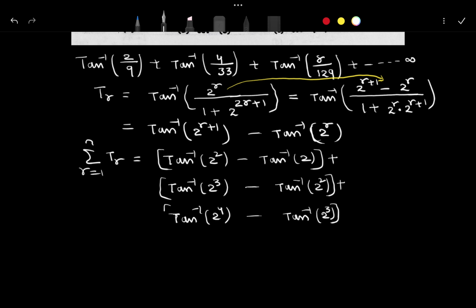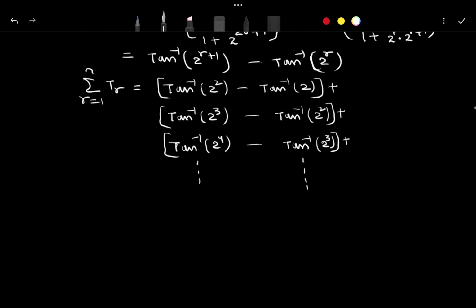And if you continue like this, the last term will be r equals n. You will get tan inverse of 2 power n plus 1 minus tan inverse of 2 power n. So this one is the last term.